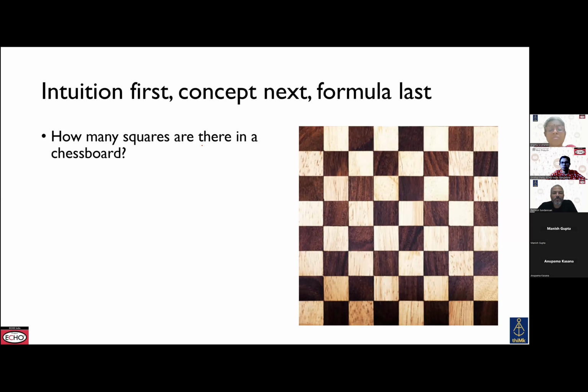And then he asked them, is that so? Are there more squares than 64? Suvarna, Lalita, as well as Anupama, isn't there more than 64 squares? Yes. The whole board itself is a square, right? So that makes it at least 65.